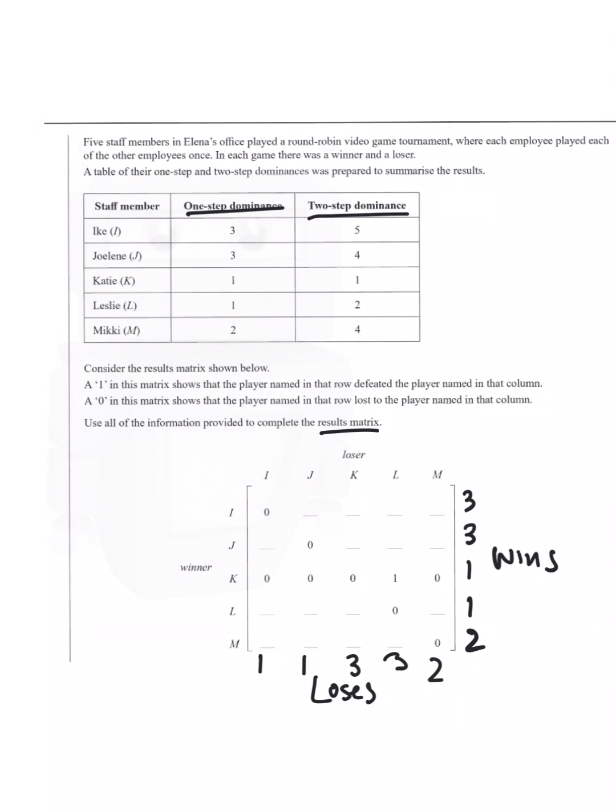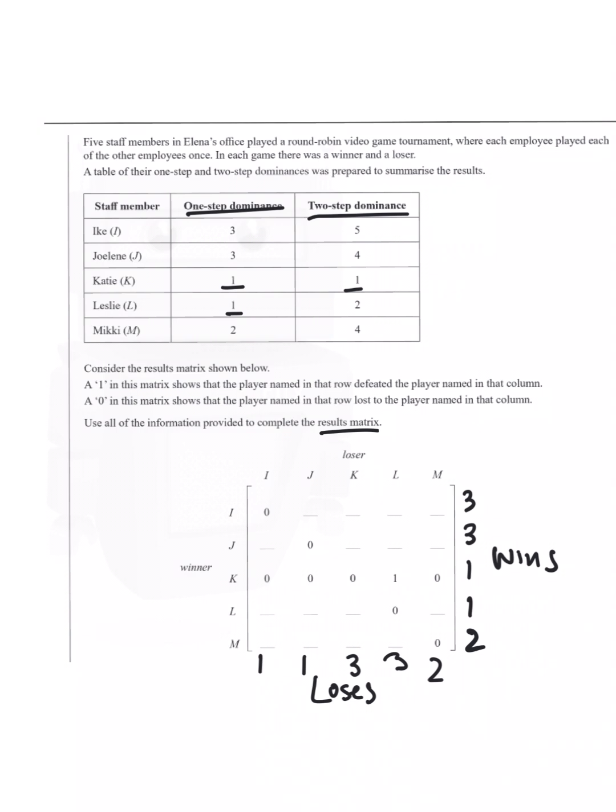Once you start filling in enough, you can use that to find out. If we start at the least amount of information, it's either going to be Leslie or Katie. We've already got that Katie had to have beaten Leslie because of this 2-step win.